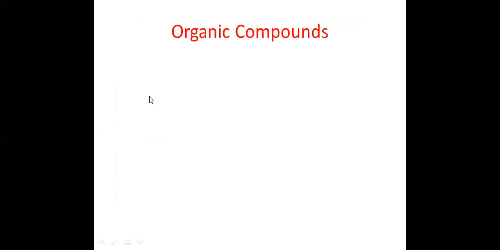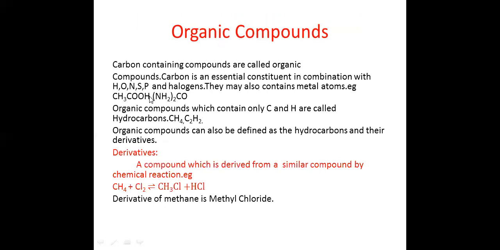What are organic compounds? Carbon-containing compounds are called organic compounds, and carbon is an essential constituent in combination with hydrogen, oxygen, nitrogen, sulfur, phosphorus, and halogens. It means organic compounds do not only contain carbon, but in addition to carbon and hydrogen, they also contain oxygen, nitrogen, sulfur, phosphorus, and halogens.